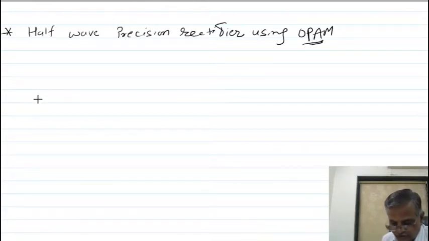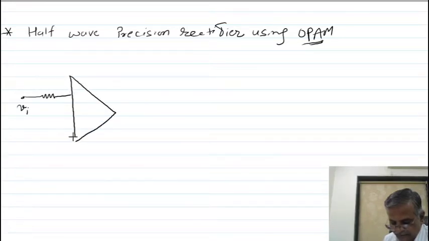So I am showing you the circuit diagram of a half wave precision rectifier. This is your input signal Vi. This is your operational amplifier. This is the negative terminal.